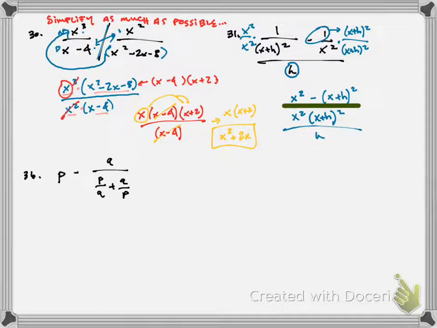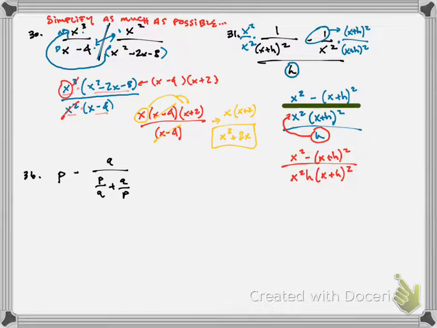Now, this h becomes part of the denominator, and so I can express this as x squared minus the quantity x plus h squared over x squared h times the quantity x plus h squared.